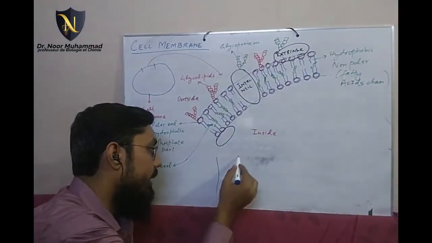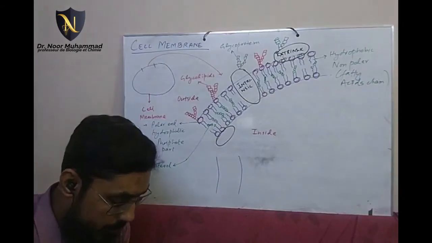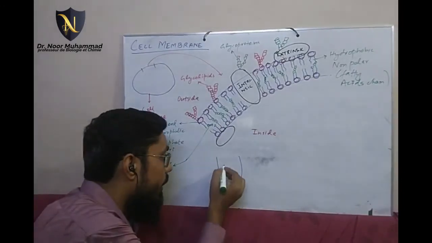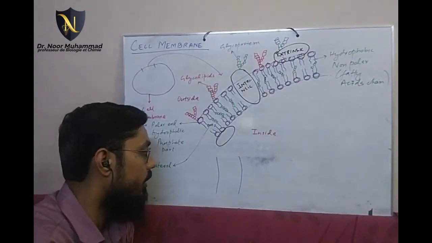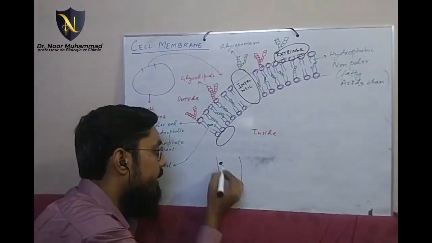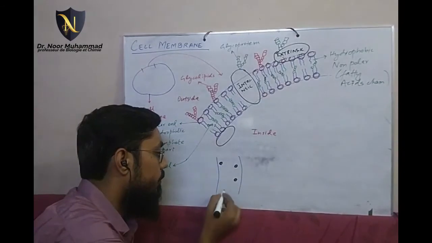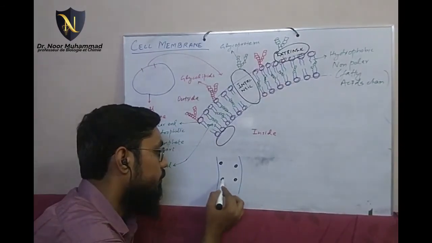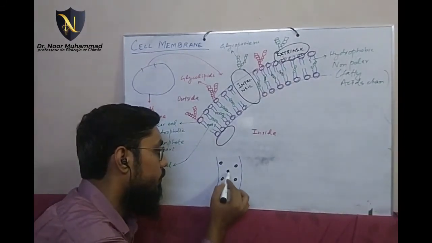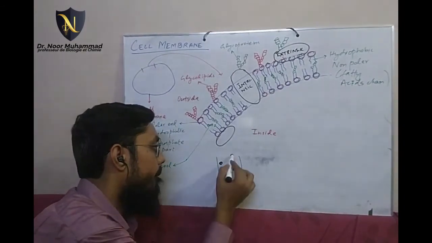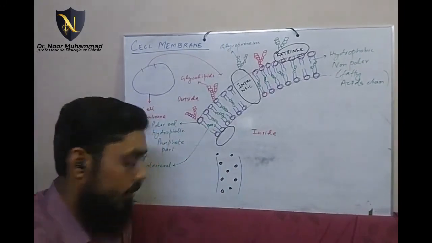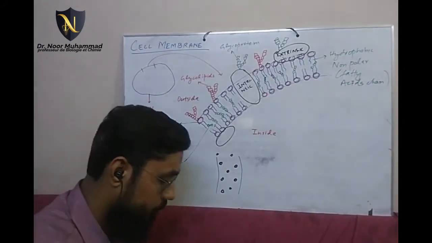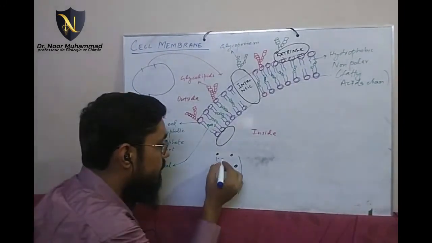Let's suppose अगर हम एक ये बैंड ऑफ सेल मेम्ब्रेन देख रहे हैं ऊपर से, तो it appears like this. And obviously the lipid heads.